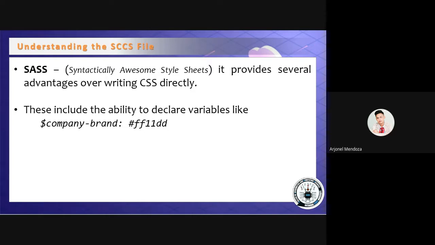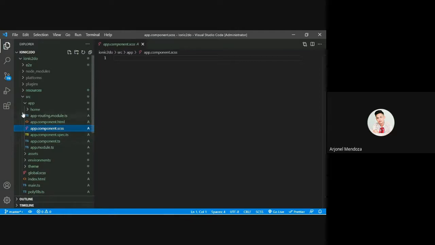Then, for any application-wide theming, or for the whole application, that styling should be defined in the app.component.scss file. Let's see if meron siya. This is for home.